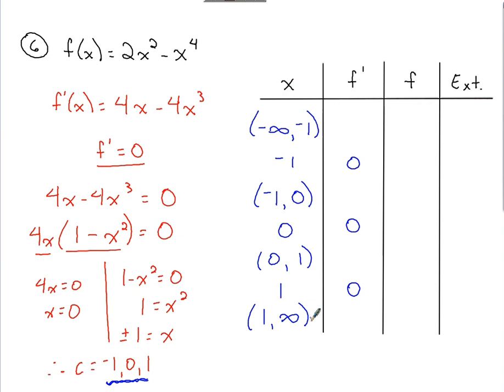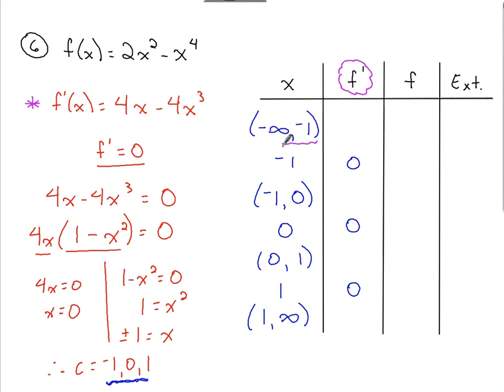Okay, after we set up our intervals, we're just focusing our attention right now on our derivative column, which means everything I do from this point forward in terms of plugging values in, I'm going to go back to the derivative right here to assist me.